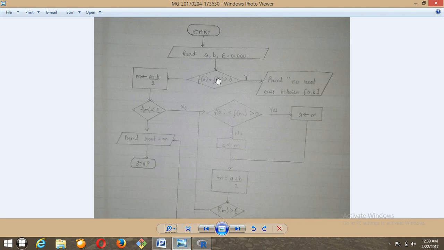If it doesn't happen so, then the root cannot be found. If it happens so, then this interval is bisected and a point m is calculated.